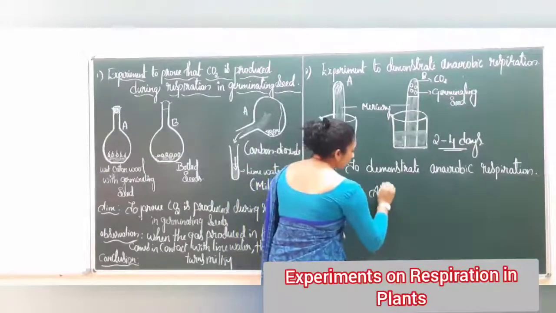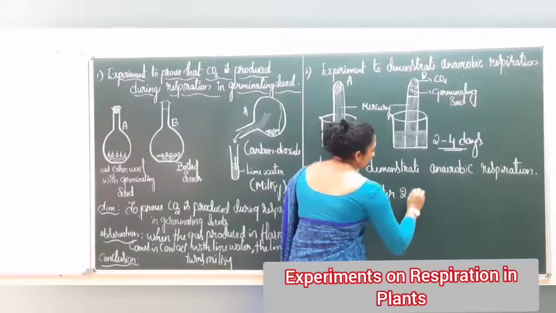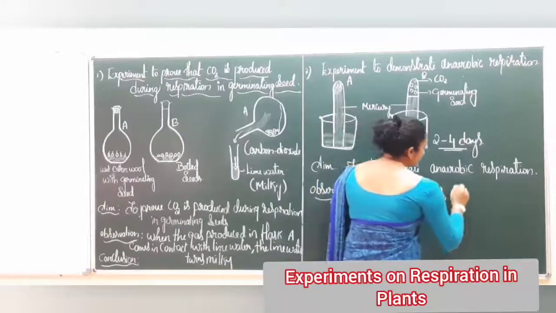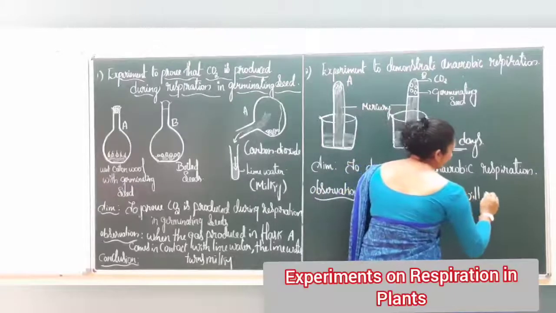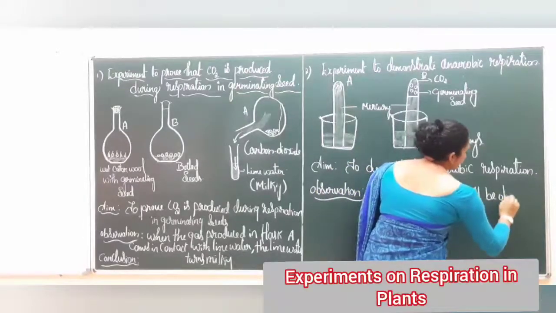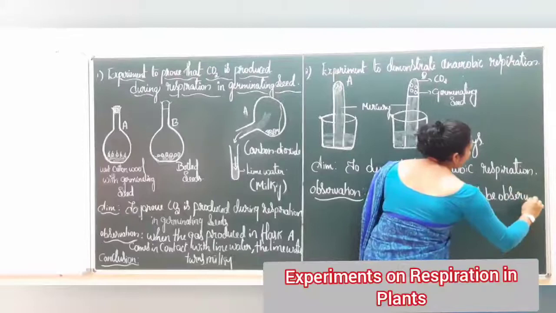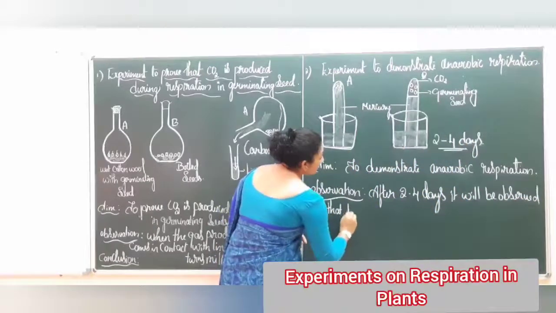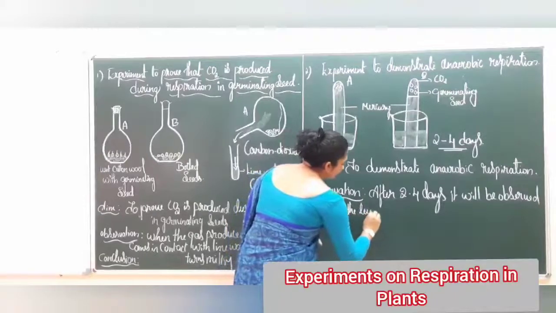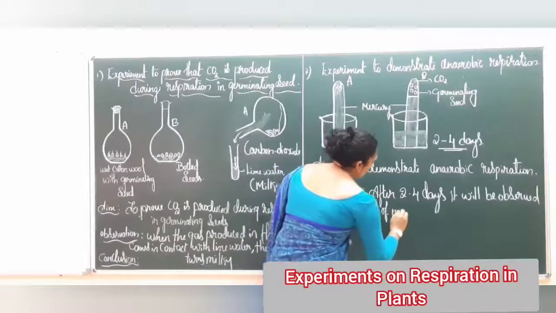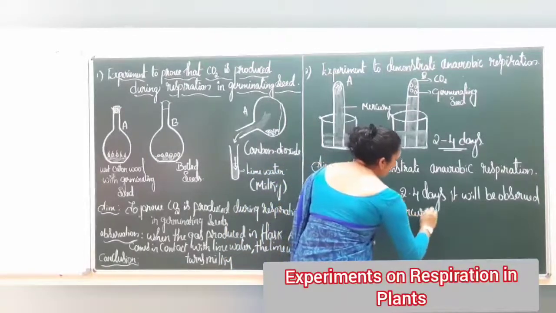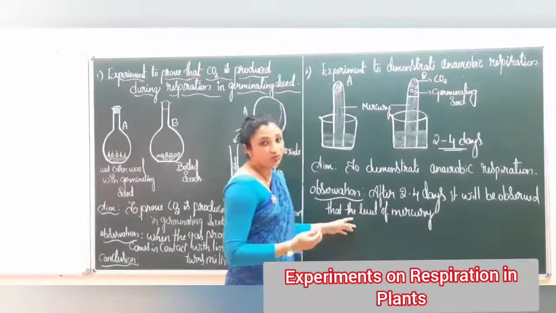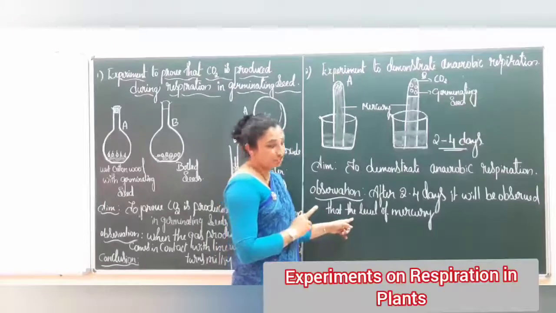So, the observation after 2 to 4 days. After 2 to 4 days, it will be observed that the level of mercury. I want the answer in the same way, students, because if you change the words, the meaning of the answer will change.